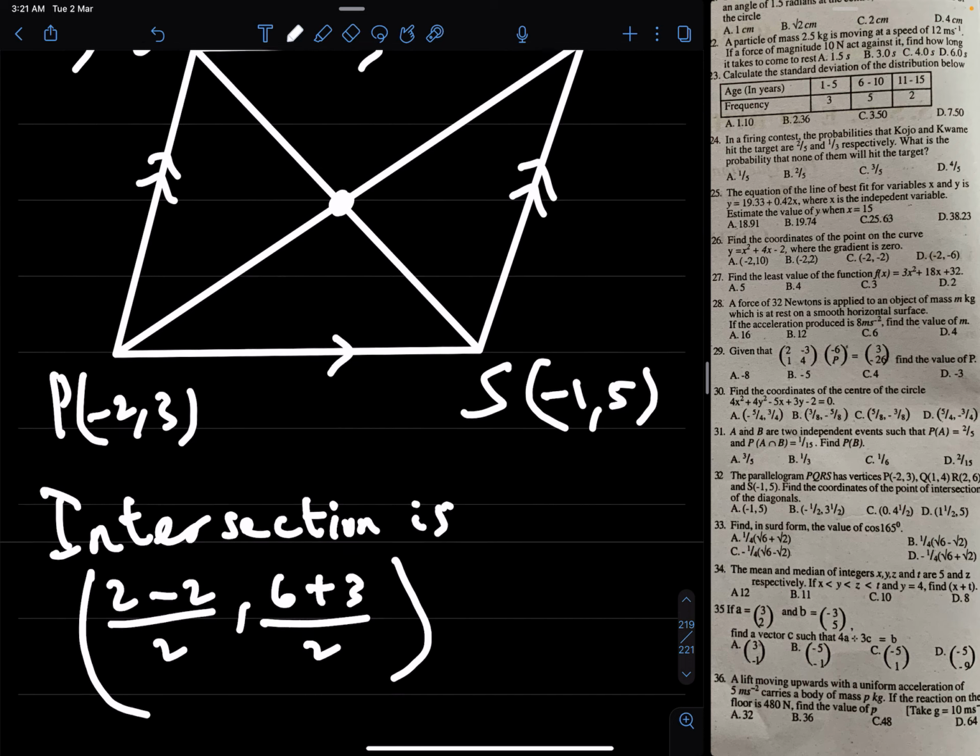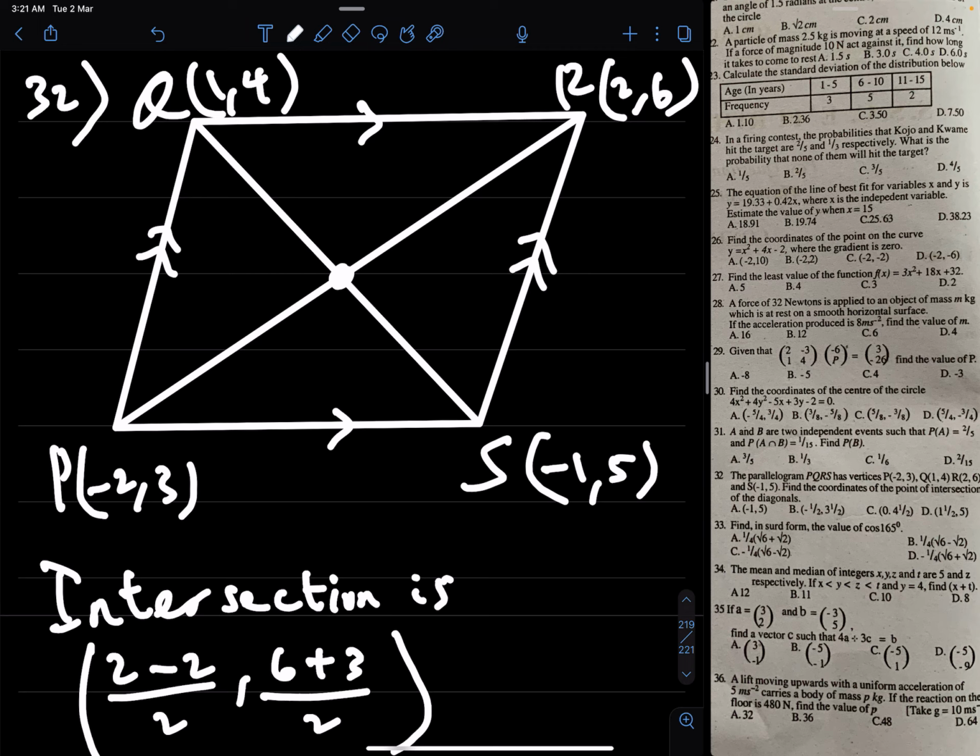So this is the coordinate of the midpoint. You can use either the diagonal QS or PR to find the coordinates of the midpoint. The midpoint of the diagonal QS is the same as the midpoint of the diagonal PR.